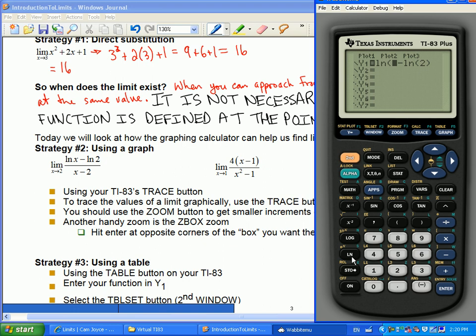I missed a set of brackets, so natural log x minus natural log of 2, and we're dividing it by x minus 2.